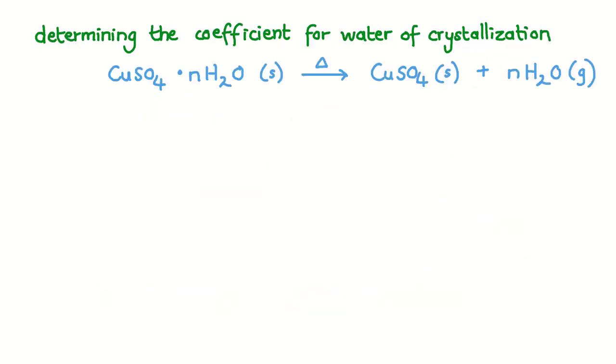Volatilization gravimetry is also useful to determine the coefficient for the water of crystallization if it is unknown. Since we know the mass of the starting hydrated substance, and because we can determine the mass of the dehydrated salt after heating to constant mass, we can determine the mass of water vapor which was liberated during heating, and this is the same mass value as the mass of water of crystallization in the original hydrated salt.